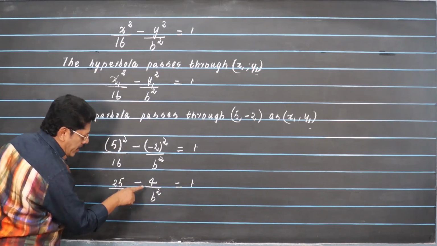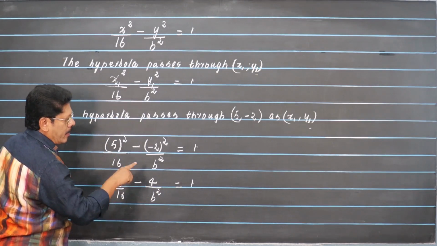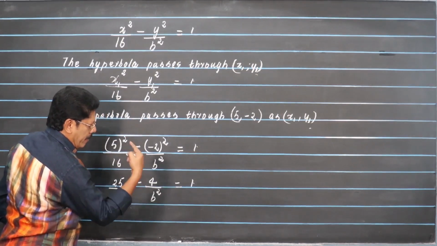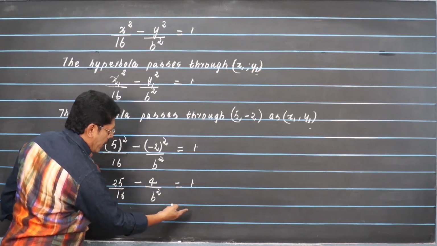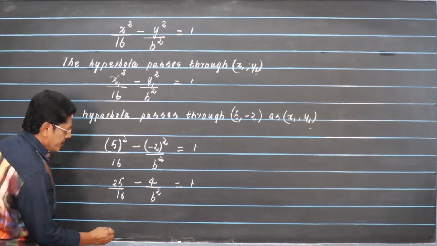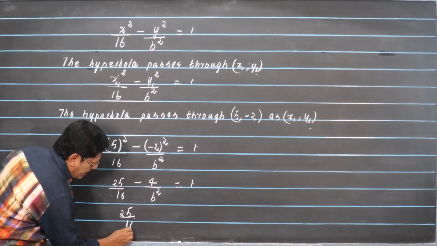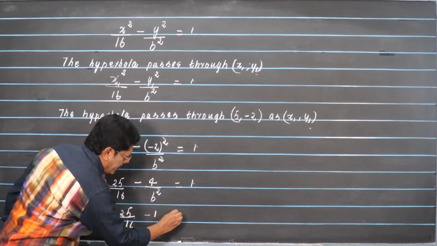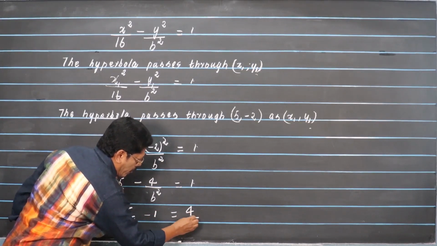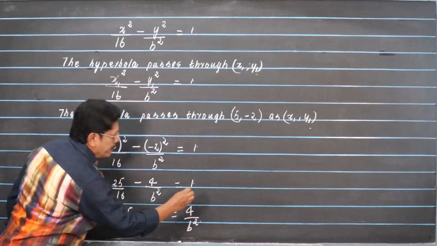Now, taking minus 4 by b squared towards the right hand side and bringing plus 1 to the left hand side. So, that will become 25 by 16 minus 1 is equal to 4 by b squared.